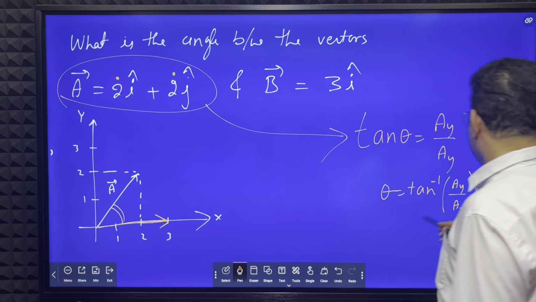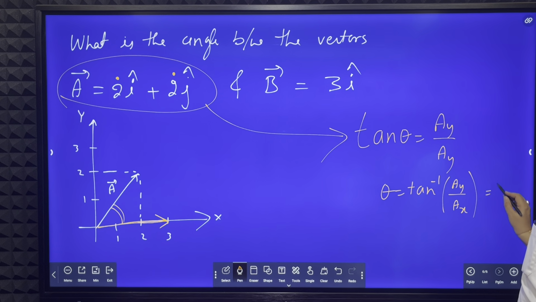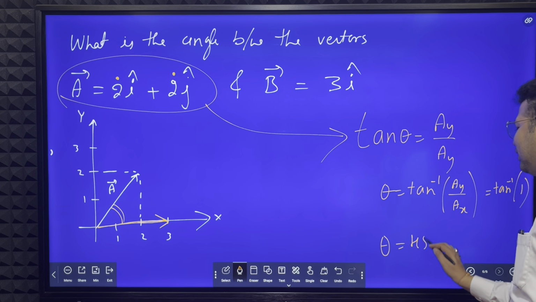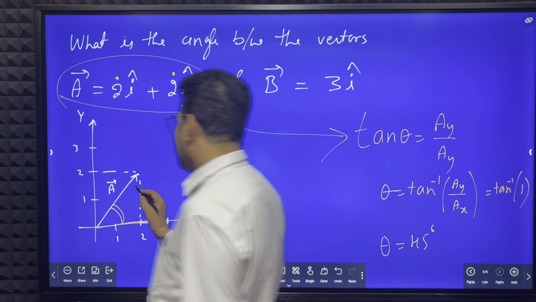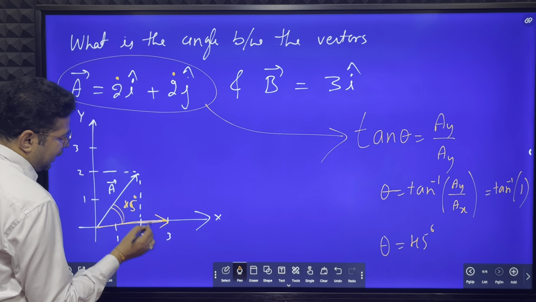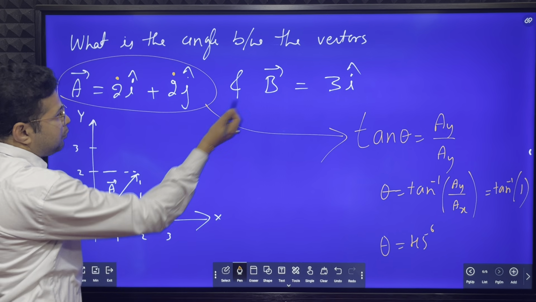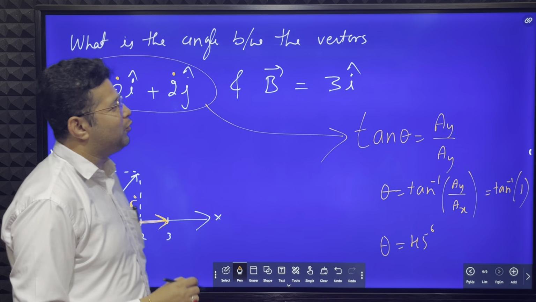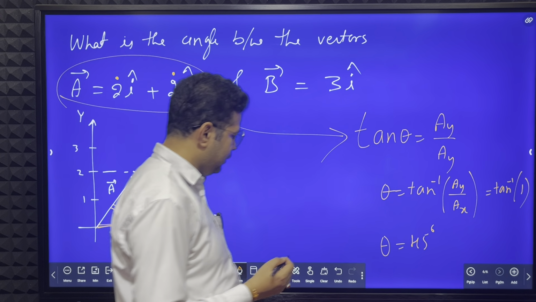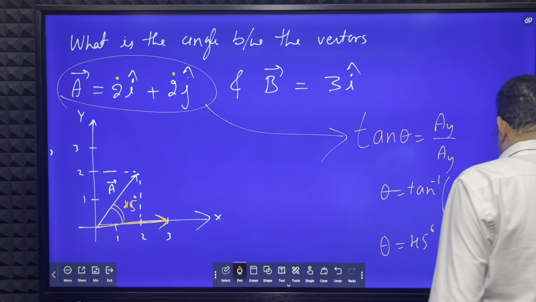Ax is also 2. So 2 by 2 is 1. So that is tan inverse of 1. Theta equal to 45 degree. Vector A is making an angle of 45 degree with the x-axis, and our vector B is along x-axis. So therefore angle between A and B is 45 degree. Hope you can understand.